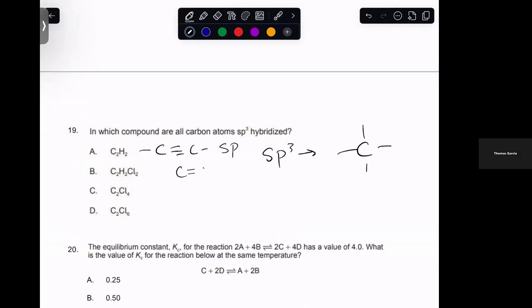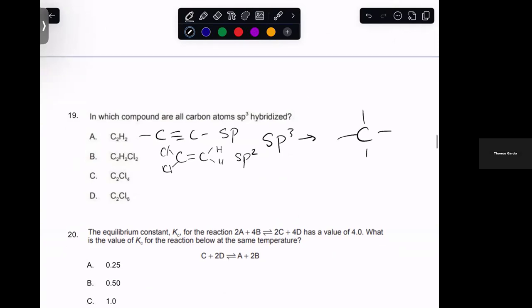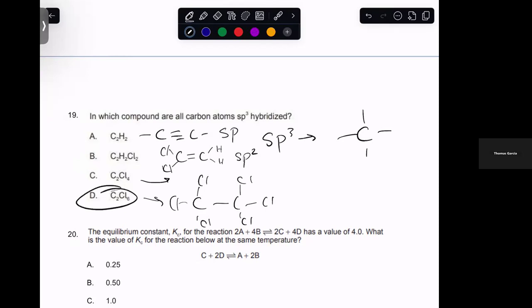C2H2Cl is still a double bond. There's a lot of ways to draw this. Cl, Cl. But again, this is sp2 hybridized. C2Cl4 is kind of the exact same thing, but C2Cl6, that is 3 chlorines on each. So this is going to be D.